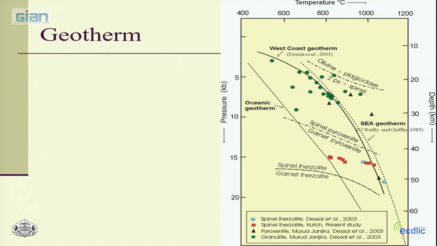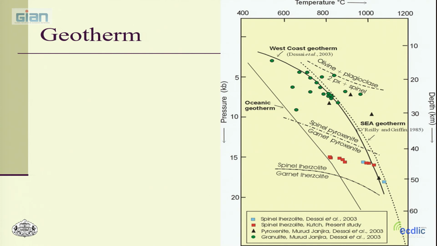The present Seychelles Islands got broken away, and during this extension process the western margin was obviously thinned considerably. So the crust to mantle boundary, the Moho, is present at a very shallow depth in the western region as compared to the Kutch region, where it is present at deeper levels.